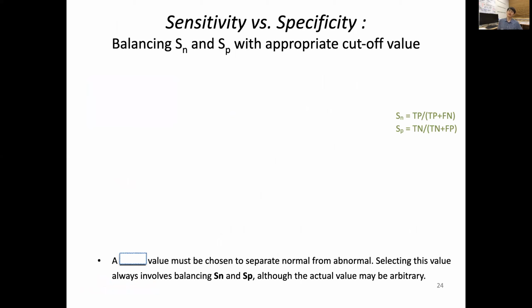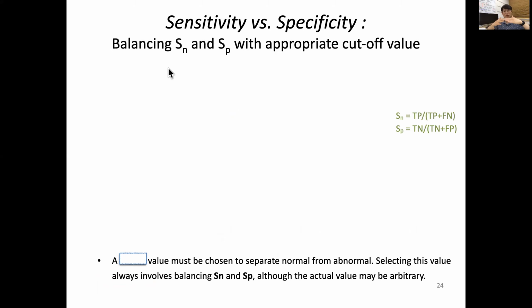I want to get more involved with sensitivity and specificity because when we develop an instrument, you somehow have to binarize or demarcate whether it is positive or negative. That threshold value is what you set.